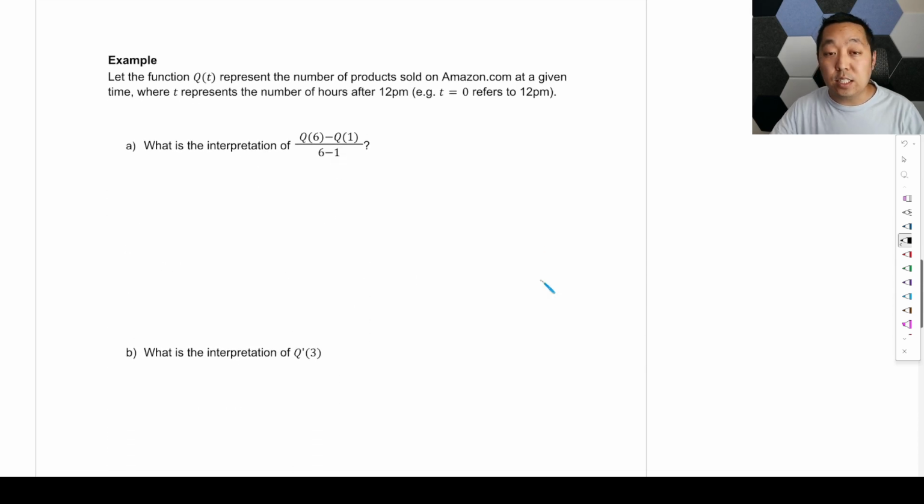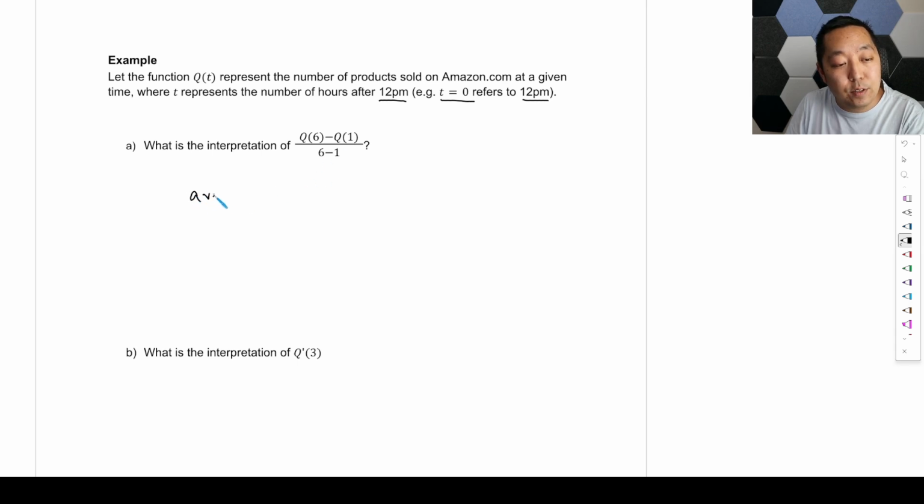Okay, let's look at something with terminology so we can talk about interpreting what these rates of change represent. Let Q of T represent the number of products sold on Amazon.com at a given time, where T represents the number of hours after 12 p.m., e.g. T equals 0 refers to 12 p.m. What is the interpretation of Q of 6 minus Q of 1 over 6?